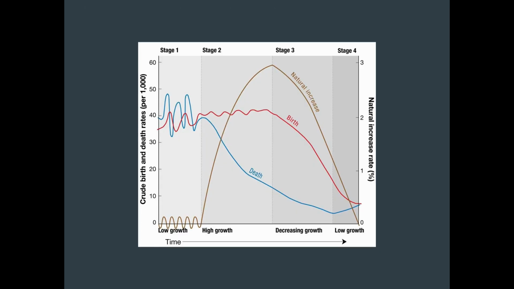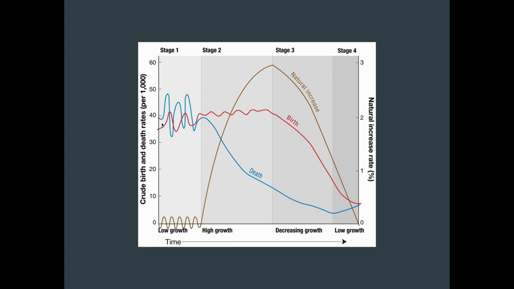All right, this is a graph of the demographic transition model. The stages are: stage 1, low growth; stage 2, high growth; stage 3, decreasing growth; and stage 4, low growth again. It shows that as a country moves into development, they move in this direction.